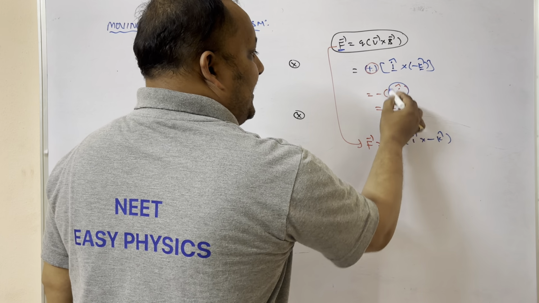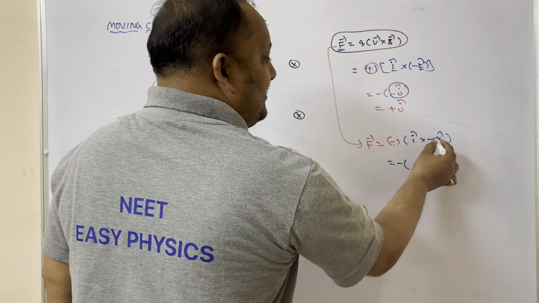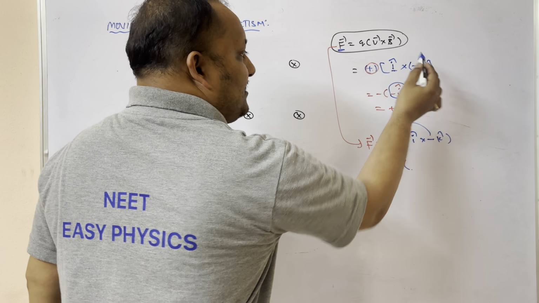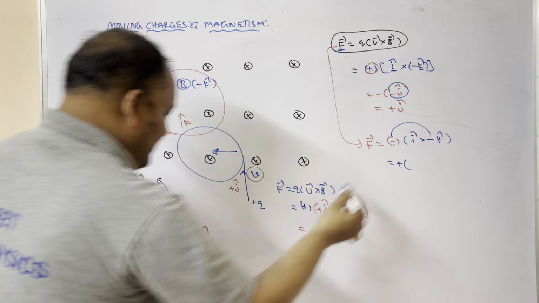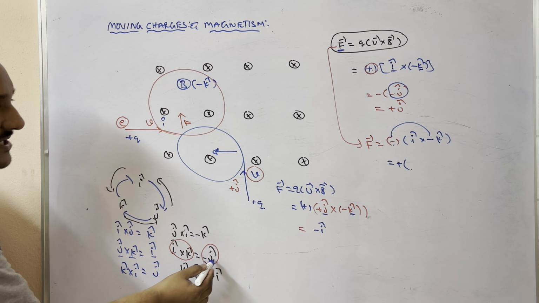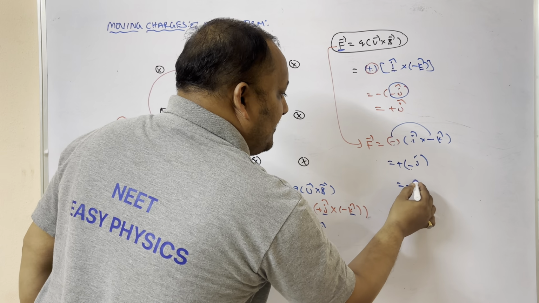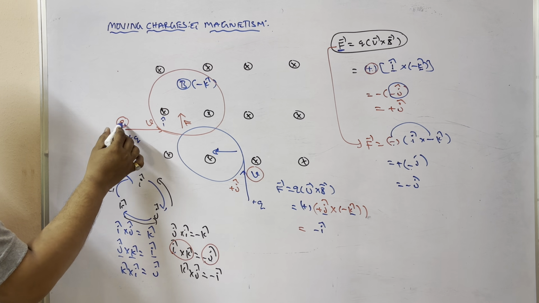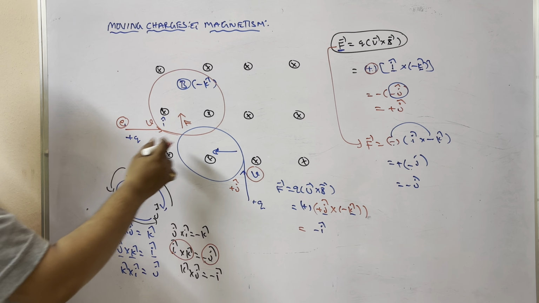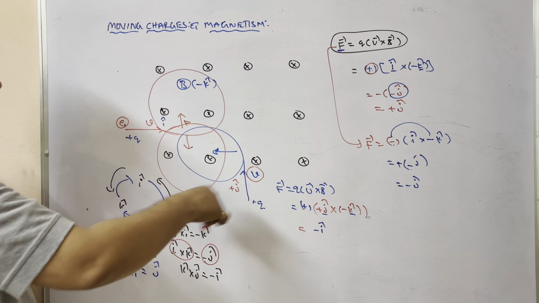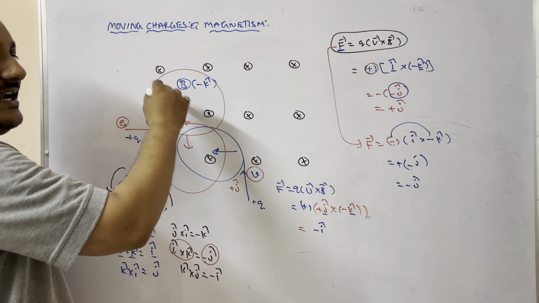So minus into minus is plus, but I cap cross K cap is minus J cap. Therefore, just quite opposite for this, minus J cap if an electron is entering. Then this electron will be moving, minus J cap means force is going to act downwards like this, clockwise. The previous one was anti-clockwise.